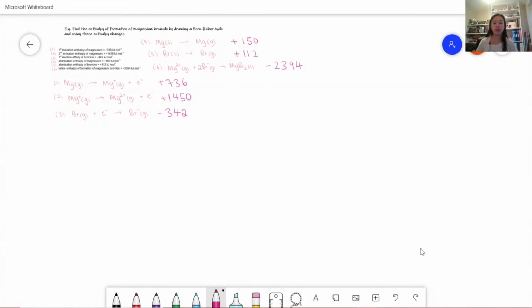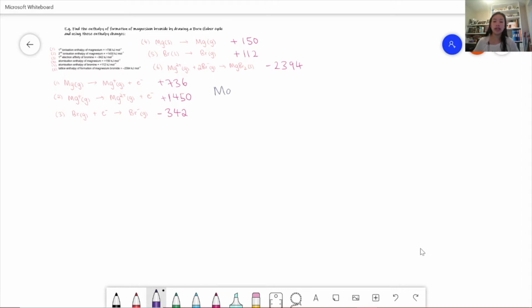So we don't need the question anymore. What I like to do is start off with what we're trying to find. So we're trying to find the enthalpy of formation of magnesium bromide. And what that means is we're forming 1 mole of magnesium bromide from its constituent elements in their standard states. And so I'm just writing out the equation so I know what it is.